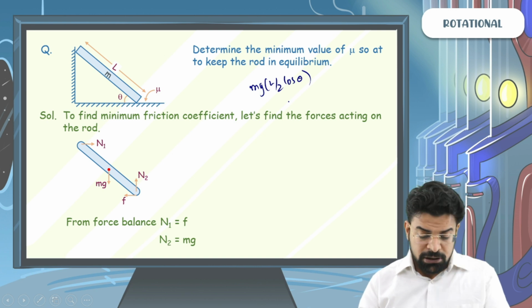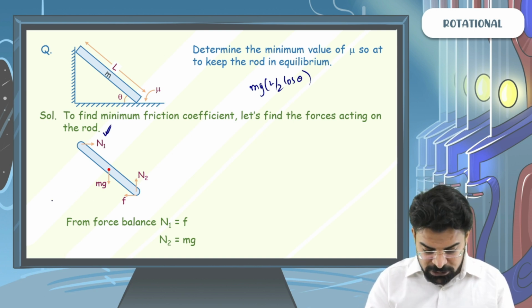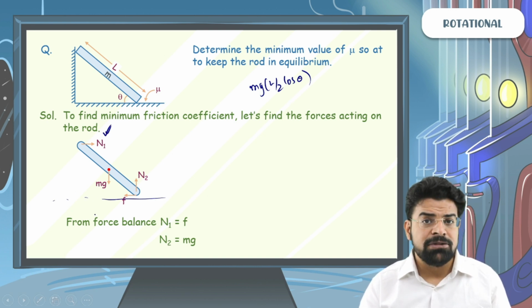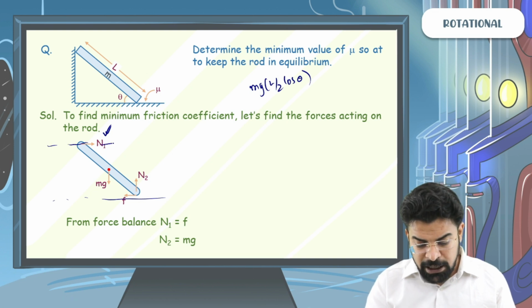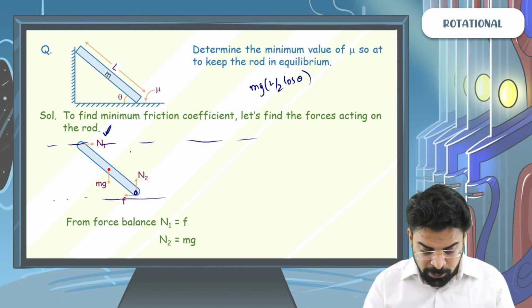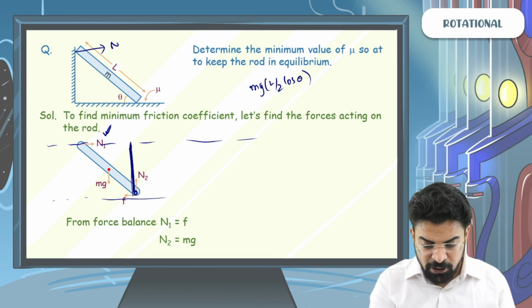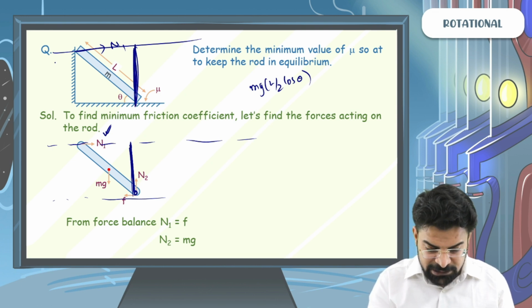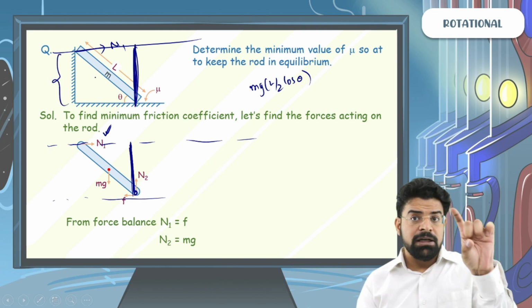What will be the torque of the force N1? Again, force times length perpendicular. Extend the line of action of N1. The perpendicular distance is this distance, which will be equal to L sine theta.